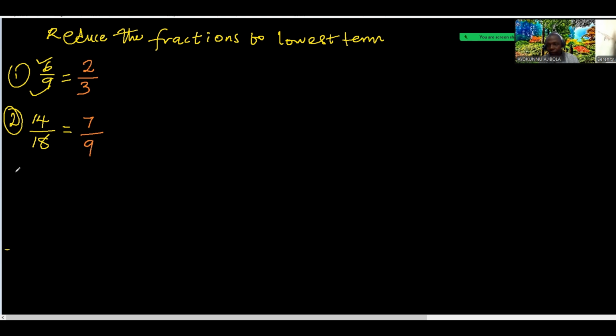Let's say number 3, we have something like this. Let's say 30 over 35.